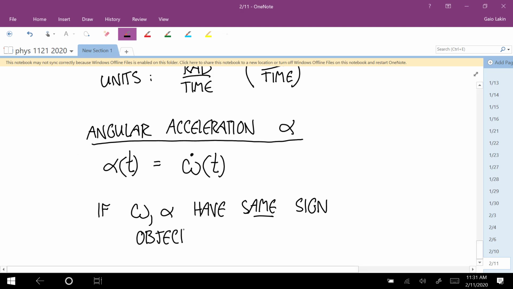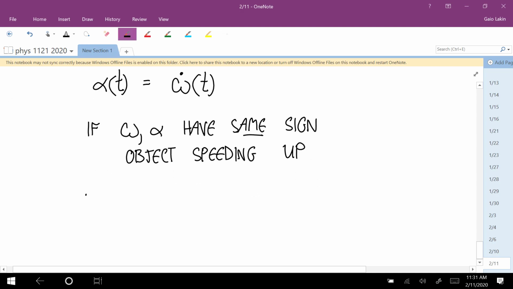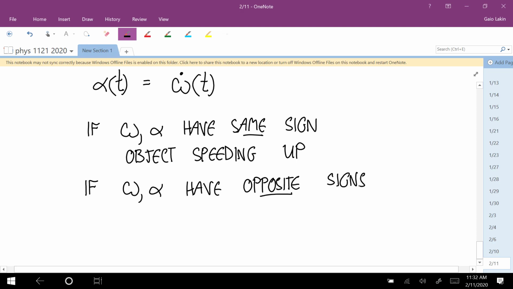So in that case, the object is speeding up. And if omega and alpha have opposite signs, then the object is slowing down.